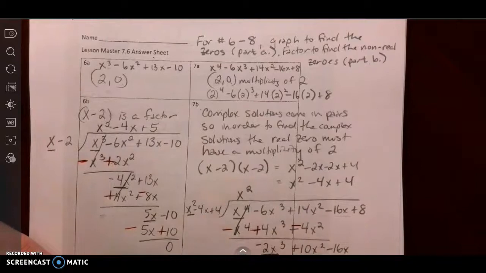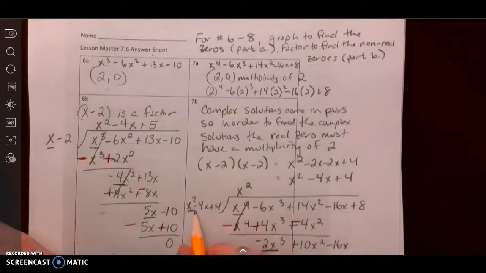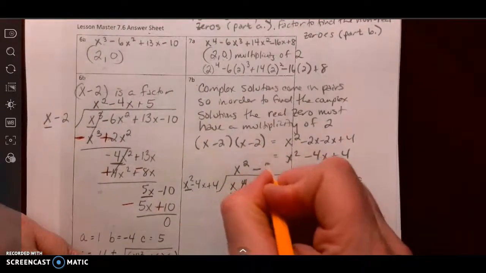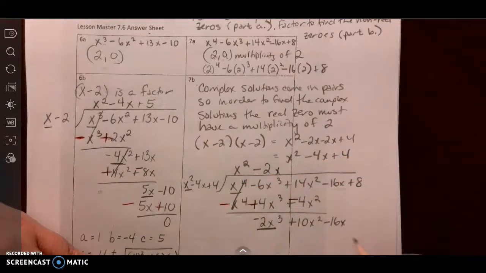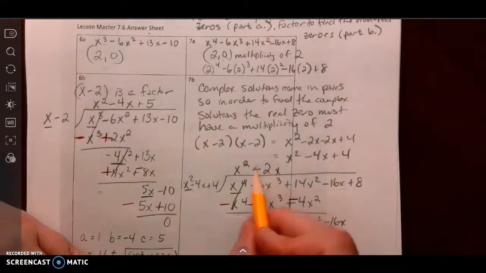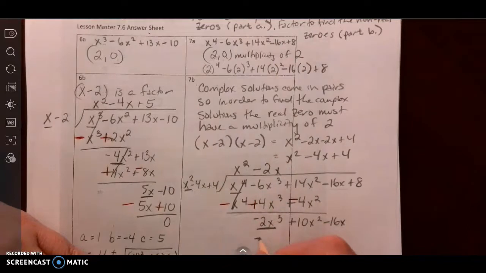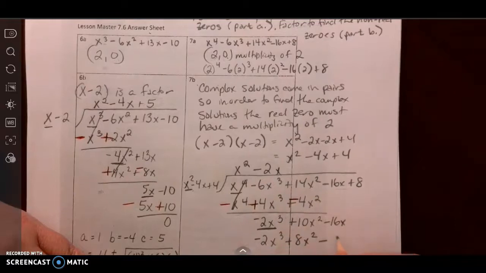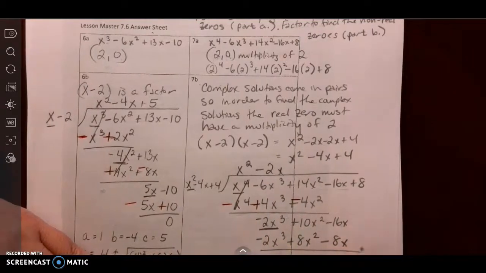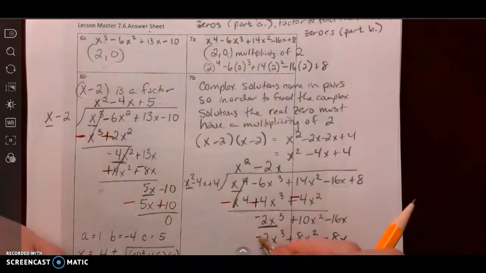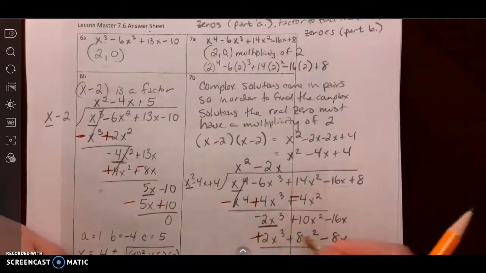Focus on the first. Negative 2x cubed divided by x squared is negative 2x. Take the negative 2x and multiply it. I get negative 2x cubed plus 8x squared minus 8x. Since I'm subtracting, I have to change my signs.